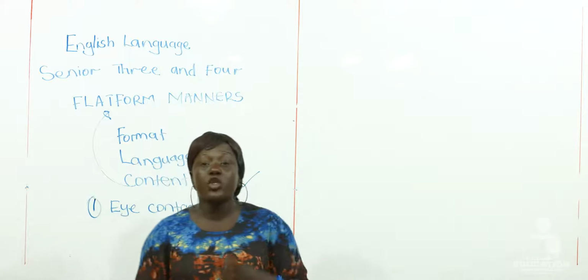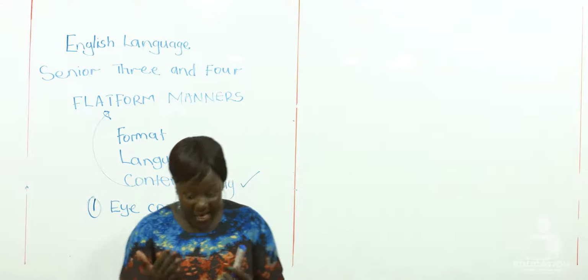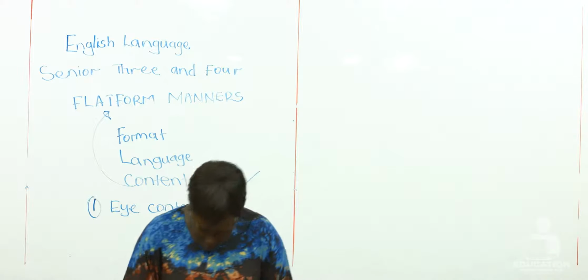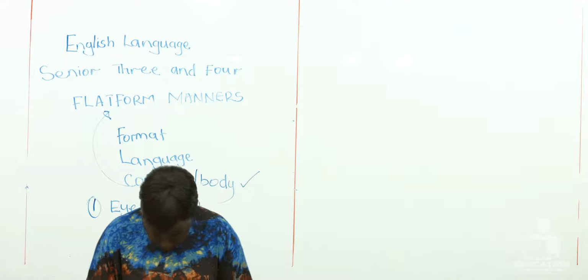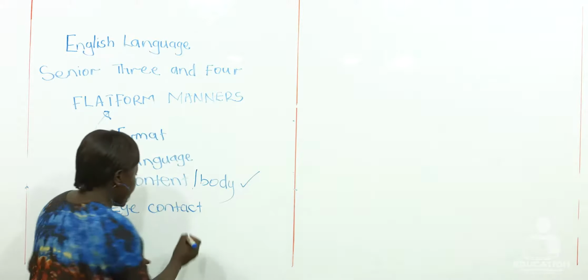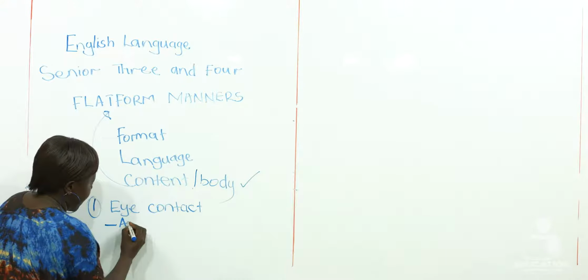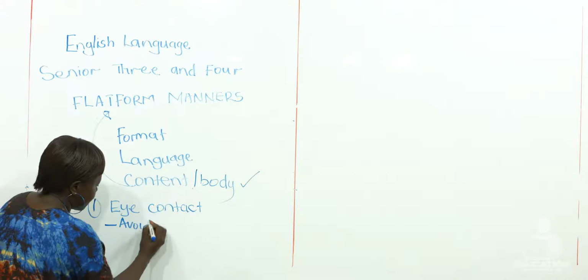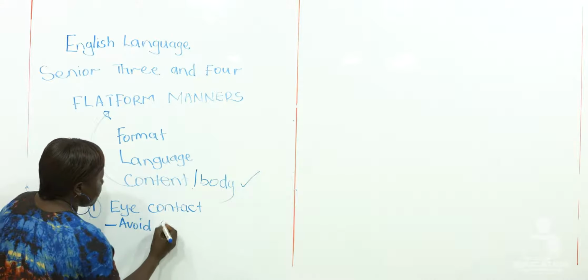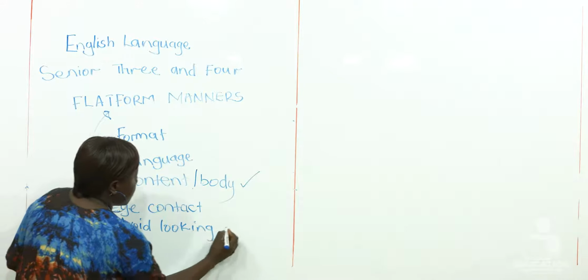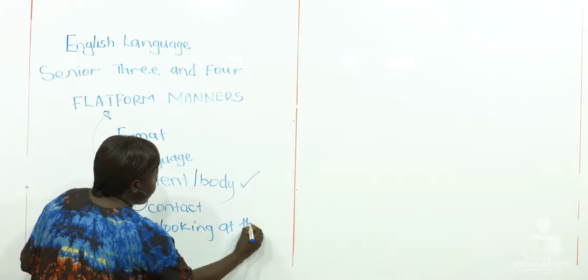For example, you should not look at the floor. If you're speaking to audience who are there, don't bend and look at the floor. Therefore, avoid looking at the floor.